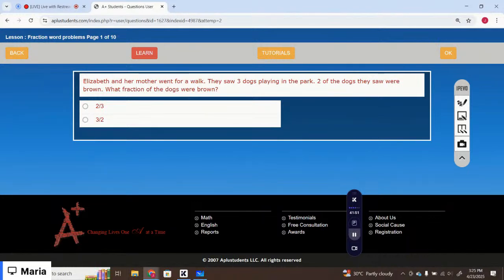So the total dogs are 3 and 2 of them are brown. So that will be 2 out of 3. That's 2/3. The greater number is always in the denominator, right? So the correct option is 2 out of 3. Very good.